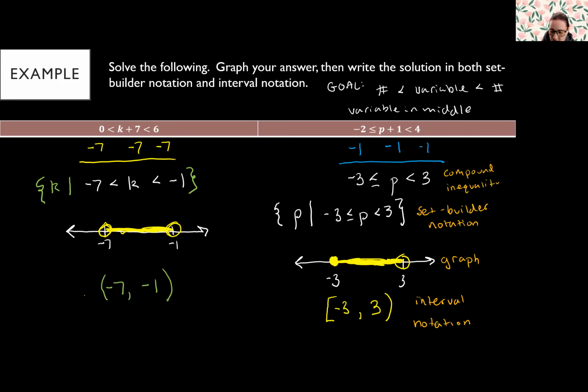If it says set builder notation, then you're going to have to use the curly braces. If it asks for a graph, then you include your graph. And if it says interval notation, then you give it in that particular notation. So you have to make sure you're reading the problem to know what form it wants your answer, because there are different ways you can write your answer depending on what it's asking for.